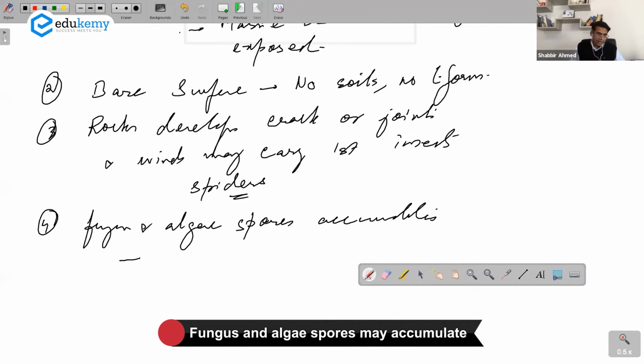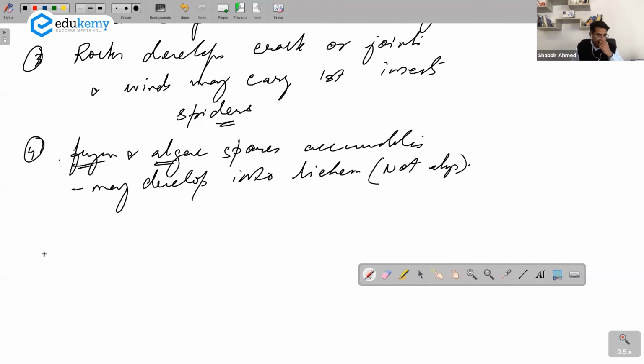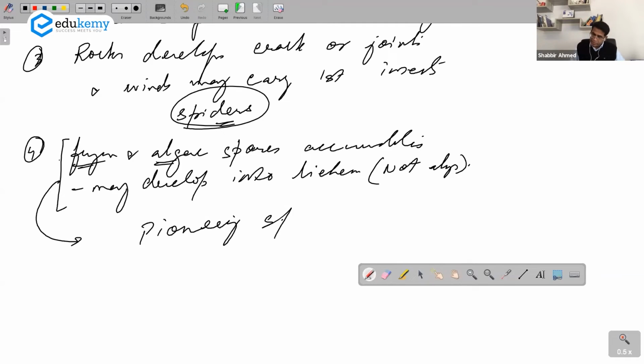This can develop into lichens, not always, sometimes, but not always in tundra regions. But fungus and algae come up, and effectively these are the pioneering species.